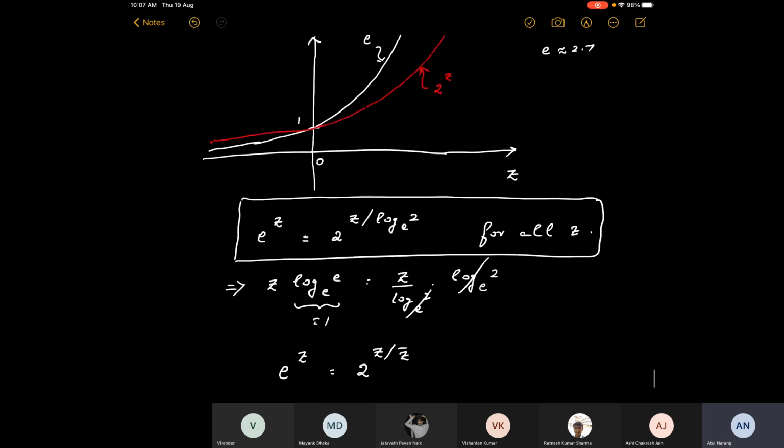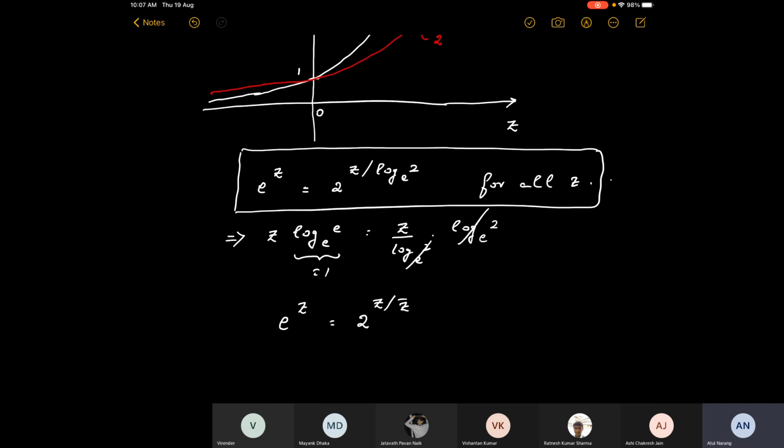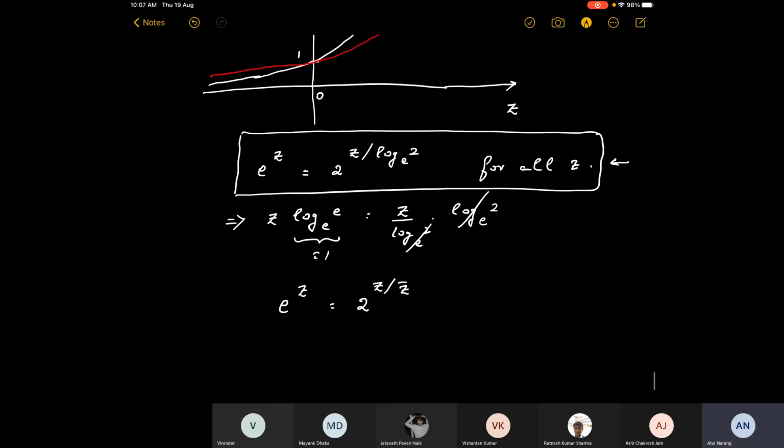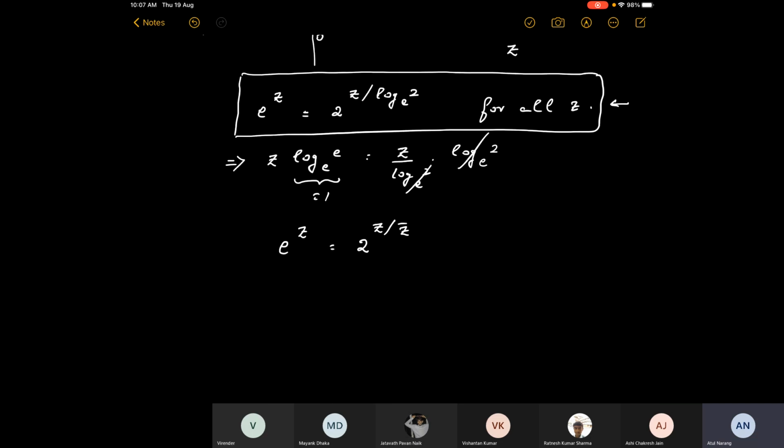Actually, I'm just going to use this relationship now to show to you that we got the solution. We got the solution x of t equal to x0 e to the power mu m t. This is the solution that we got.